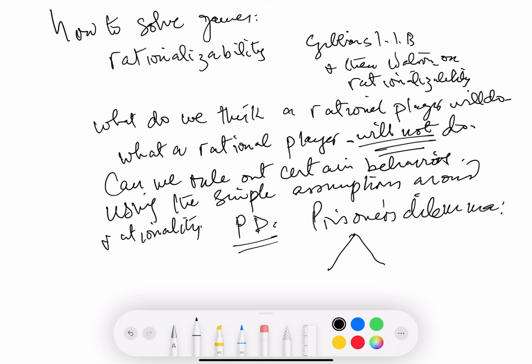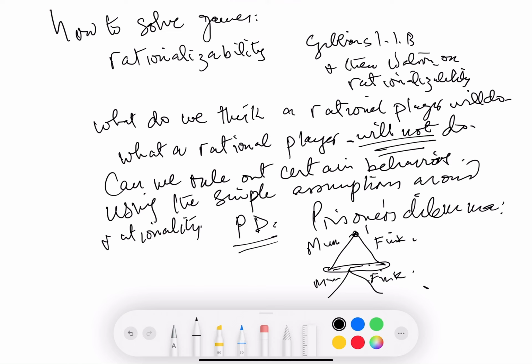So the prisoner's dilemma is from the point of view of the two prisoners. Using Gibbons' terms, they can stay mum, which is they do not talk, or they can fink, which is they can rat on the other person. It's a simultaneous game, so this is player one. This is the same information set, remember, right? It's a simultaneous game. And then the second player also can go mum and fink.